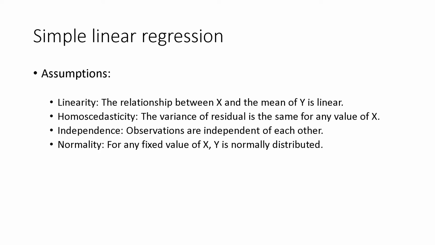The third assumption is independence. Observations are independent of each other. An observed value on one person has nothing to do with the value of an observation on another person. The fourth and last assumption is normality. For each fixed value of x, y is normally distributed.